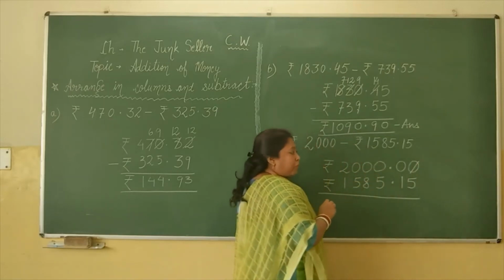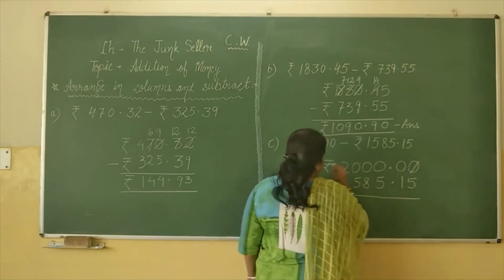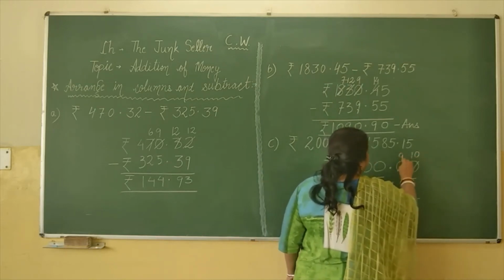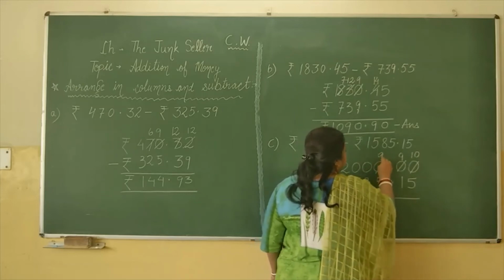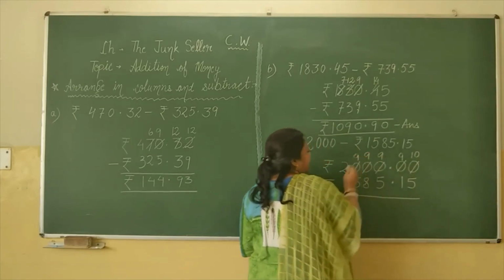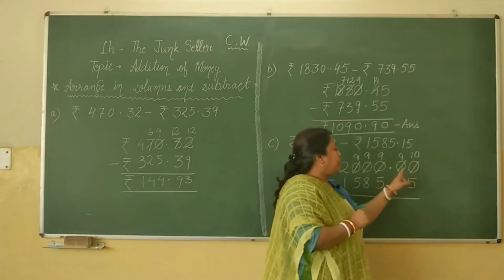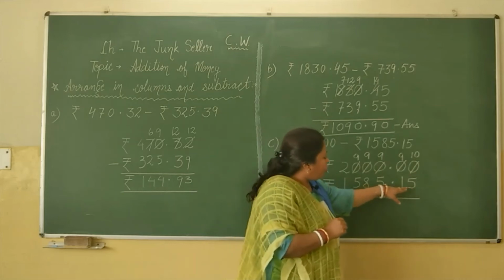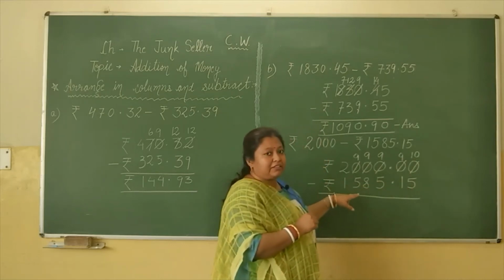Let's do the borrow part, and here we get 10. Obviously this becomes 9. This also becomes 9, this also becomes 9, and this also becomes 9, because all are zeros, and we cannot subtract all these from zeros because all these digits are greater than 0.